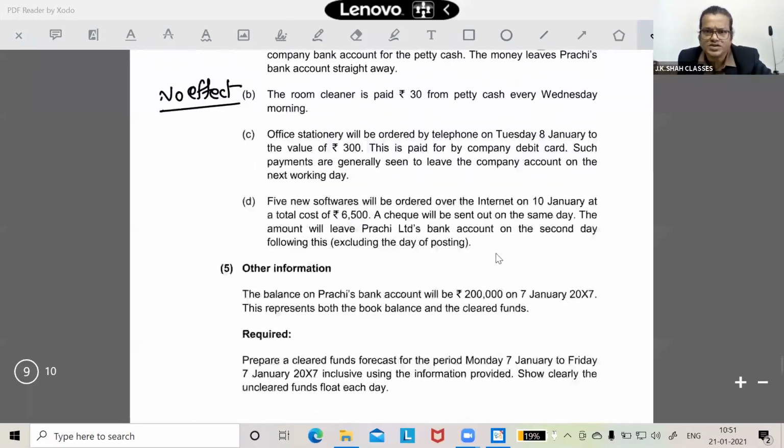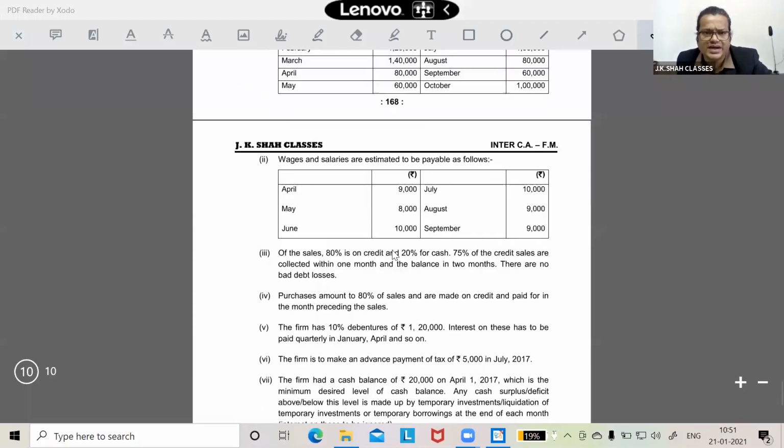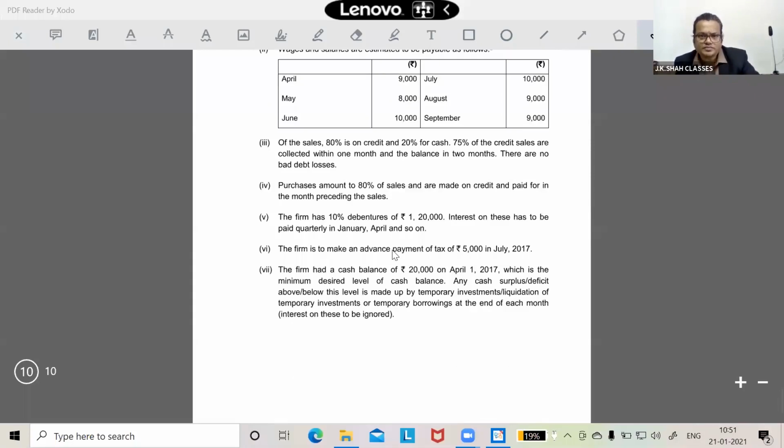Yeah. Question number 2. Now, question number 2 is comparatively easy. Only thing, this condition you need to understand at length. See, the firm had a cash balance of 20,000 on 1st April, which is the minimum desired level of cash balance.